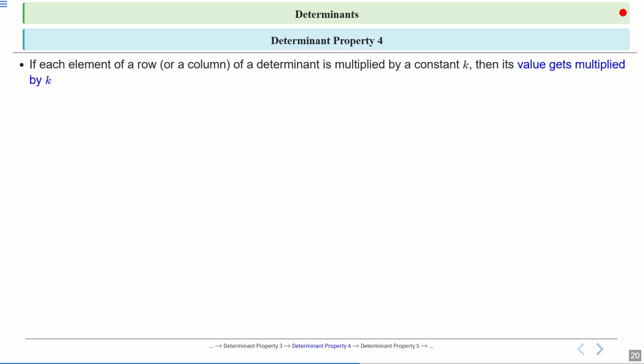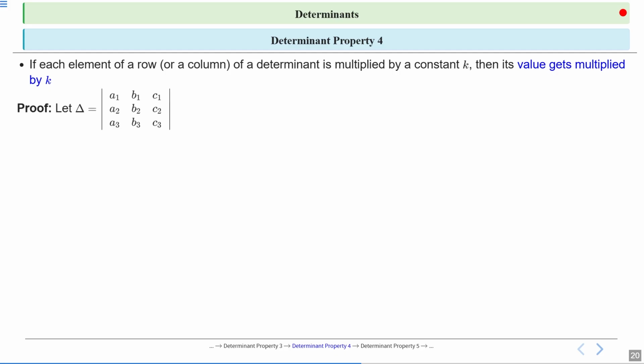So property 4 says that if there is a determinant and we multiply any row or column, each element of that row or column, by a constant k, then the value of the determinant just gets multiplied by k.